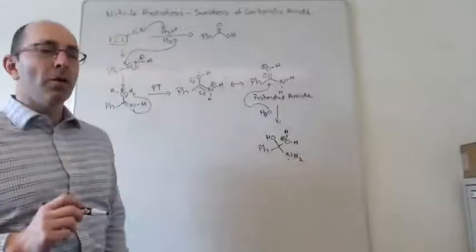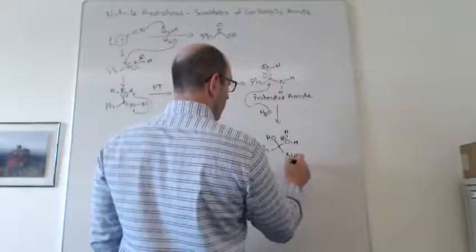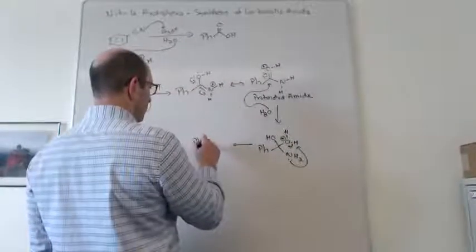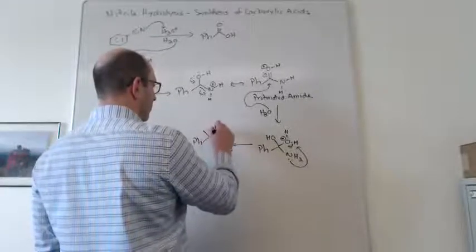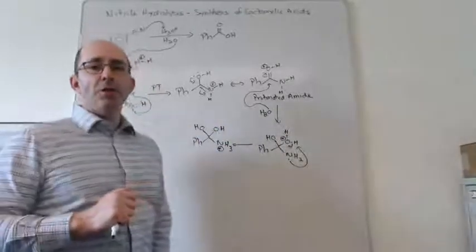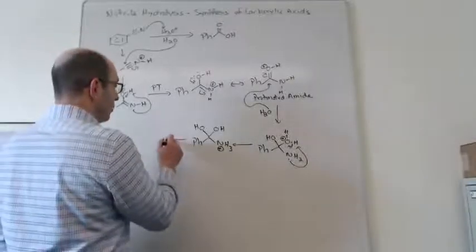And as we do in all these reactions, we're going to do a proton transfer so that we can protonate the nitrogen. And now we've made that nitrogen a good leaving group because it's positively charged and can leave as a neutral leaving group.